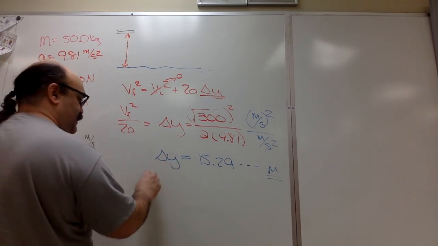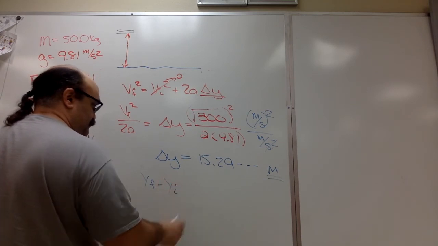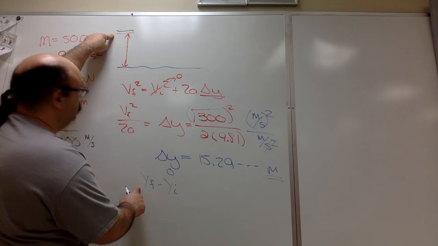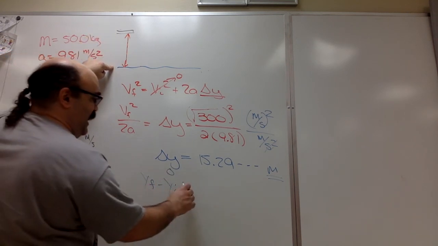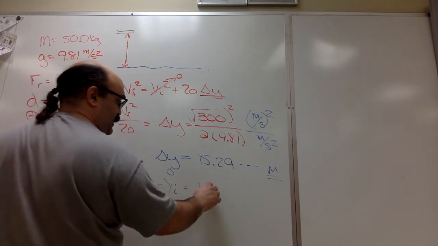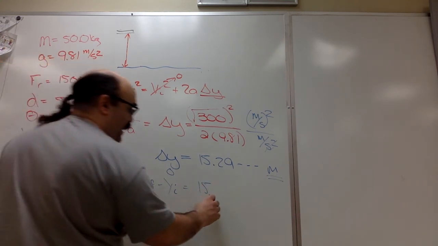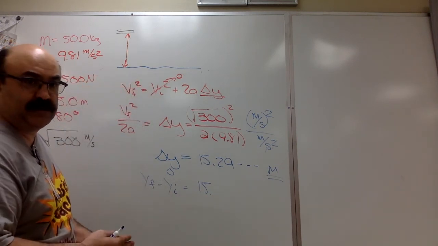Checking our dimensional analysis, we see we have an answer that makes sense. Well, this is y sub f minus y sub i. Let's just call y sub i up here 0. This is positive 15, so this turns into 15 meters. Going back and looking, this is good to 2 significant figures.